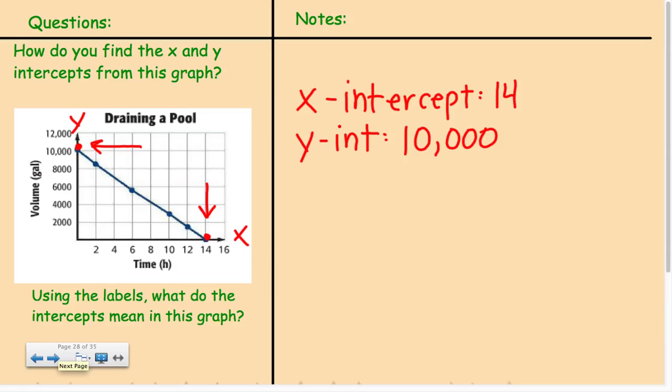Now it says, using the labels, what do the intercepts mean? Well, before we can explain what they mean, I'm going to write down the coordinate points for my intercepts. So this one right here is 14, 0. This one right here is 0, 10,000.